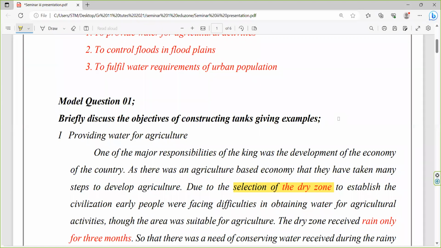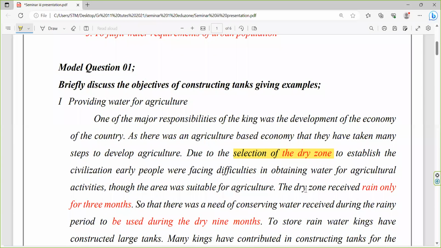That's why I told you there must be a guidance to show how marks are allocated. When you are writing about the dry zone, 1 mark is allocated. I told you 3 facts you have to include. Though the area was suitable for agriculture, the dry zone received rain only for 3 months.